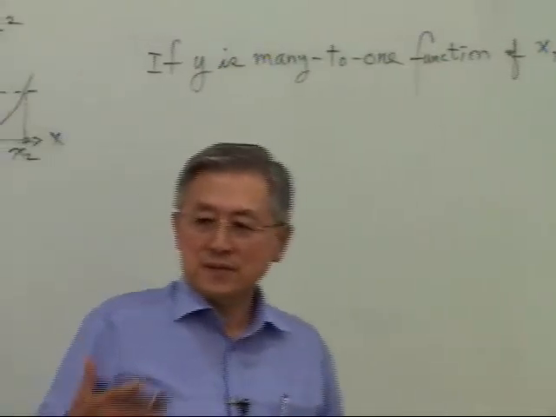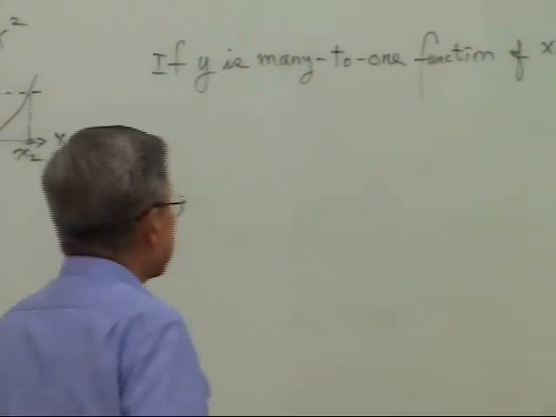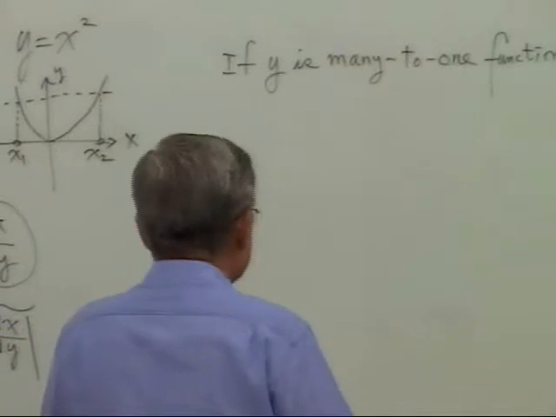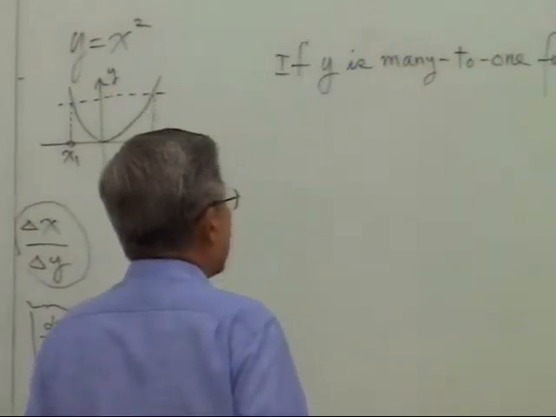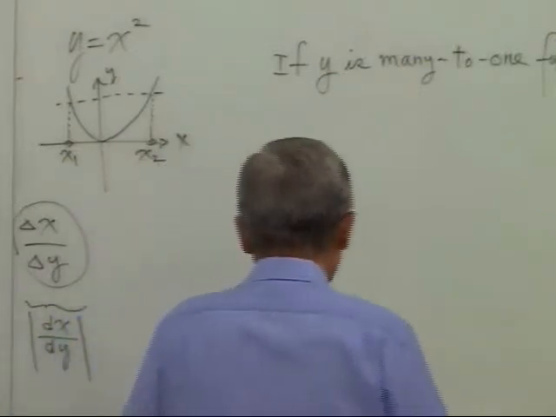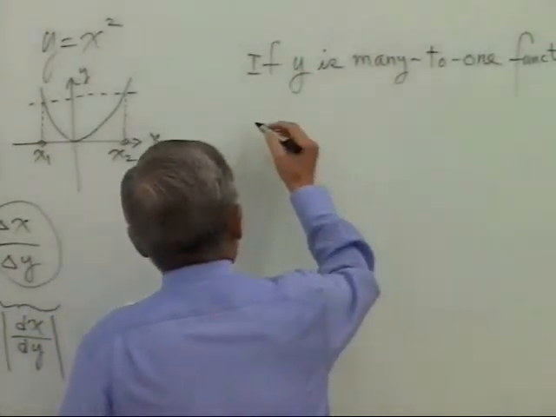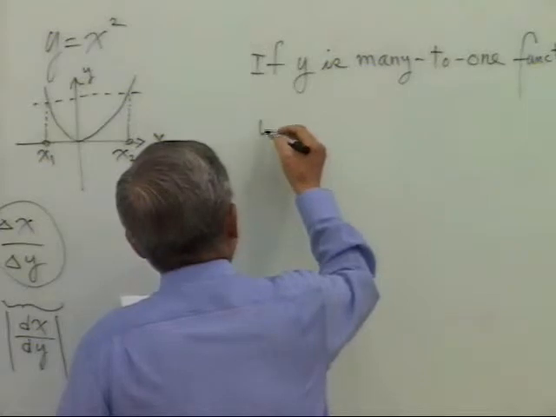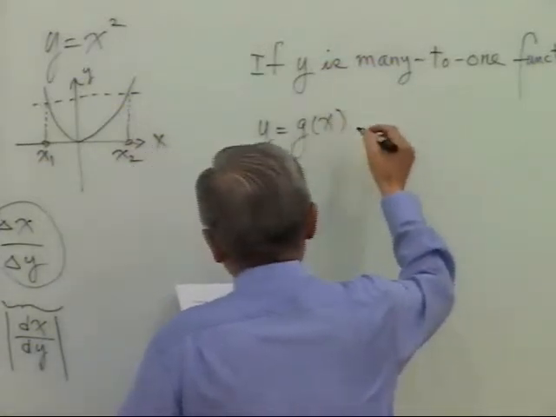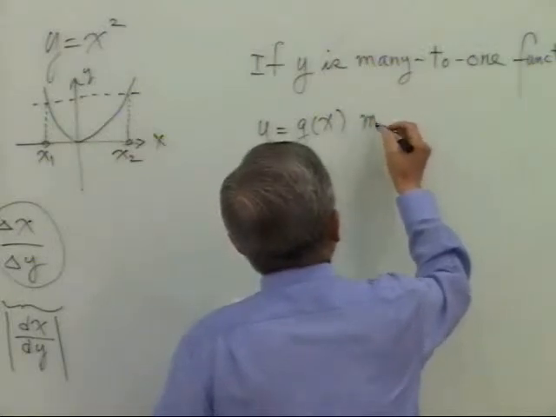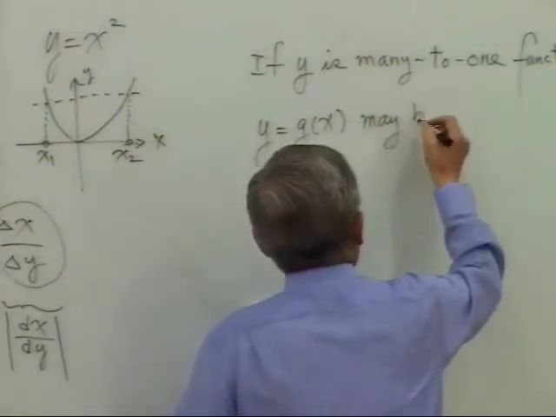Now, expanding the one to one relation, I said y is a many to one function f of x. Then I can say g(x) may be inverted.